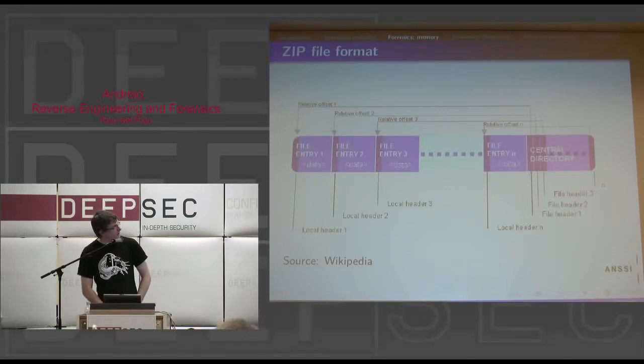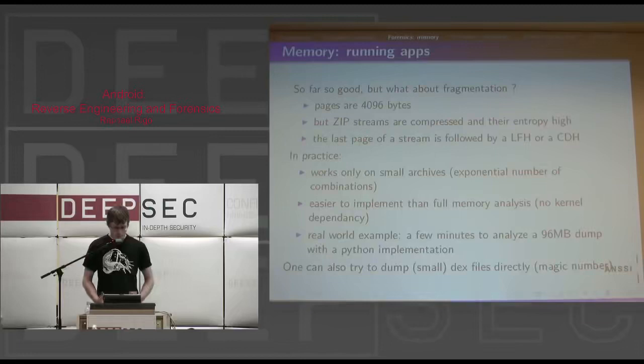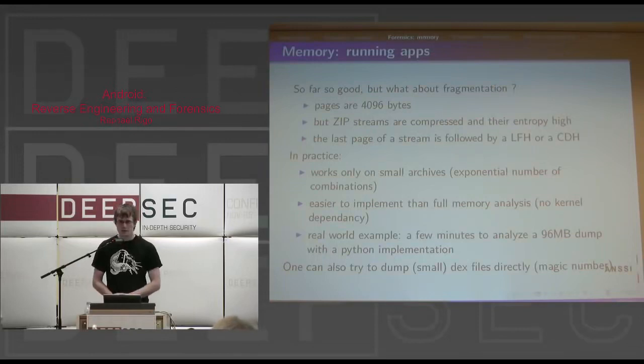So if you can find the central directory in memory, you have enough information about all the files to look for the local file headers in memory. And in practice, you have to care about fragmentation because, of course, the pages are 4 kilobytes, and a zip file is not going to fit, an application is not going to fit in 4K.